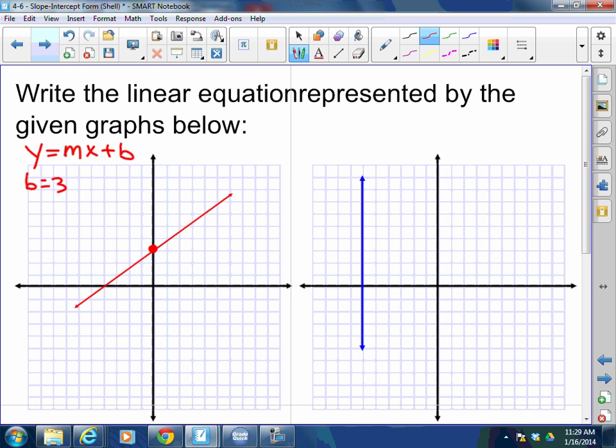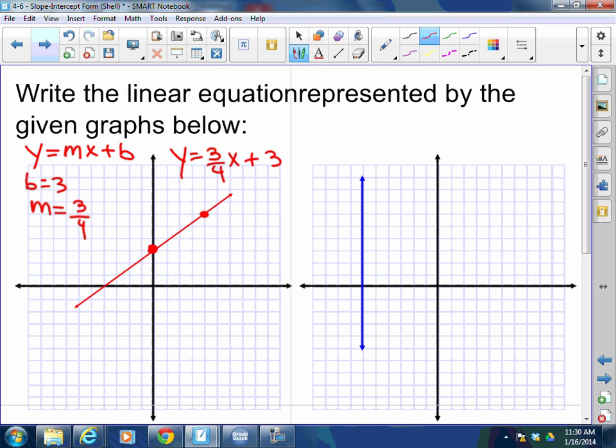Now, how do I find my slope? I have one perfect point here. I go to the next perfect point. Remember, it's the crosshairs, like a video game. And I go up 1, 2, 3 over 1, 2, 3, 4. So my slope is 3/4. So what is my equation? Y equals mx plus b.